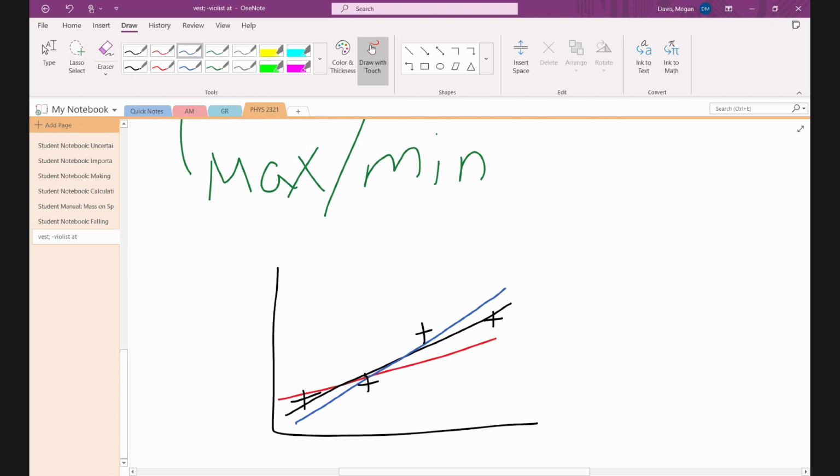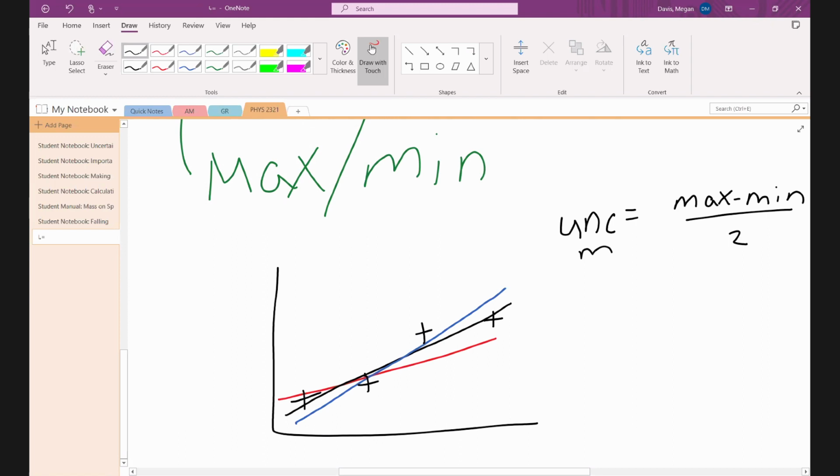You get a slope from your max and your min. Well, the first thing we want to do is to calculate the uncertainty in the slope. And we do that by finding the difference in those slopes and dividing by 2. And this gives us our uncertainty in the slope.